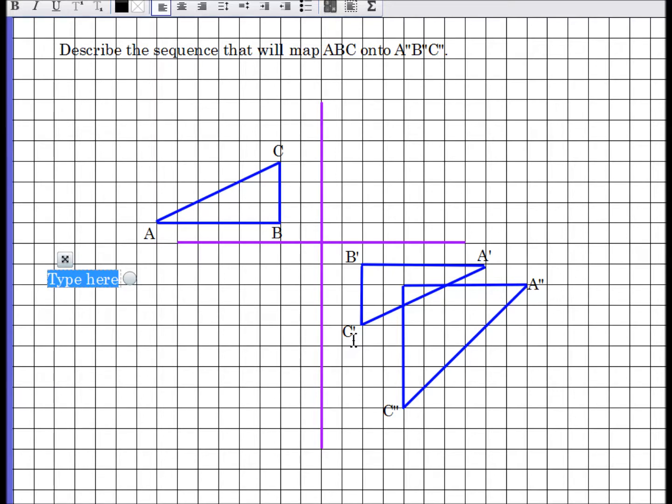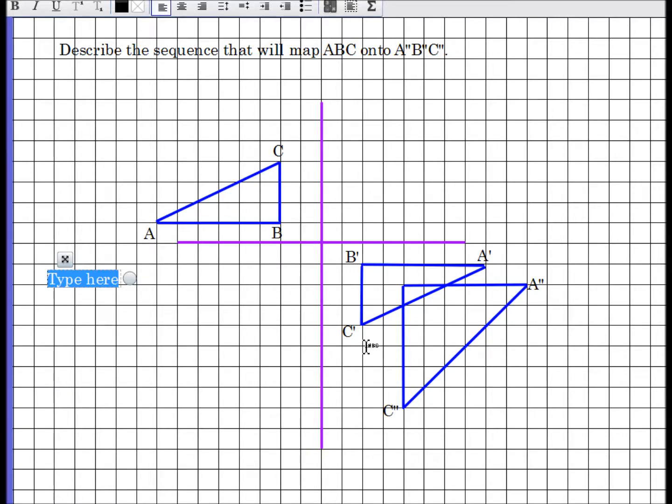If you cannot see what happens, then you need to get the sheet of graph paper and patty paper and do this on paper so that you can see what happens. You can even trace the original figure and move it around to see what happened. How can you get from here to here?